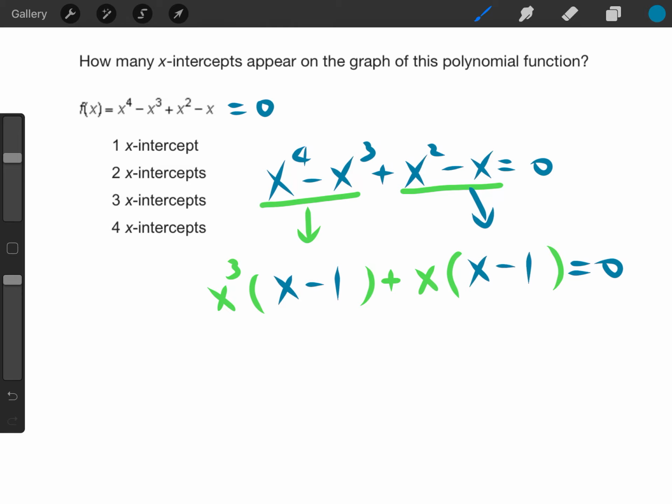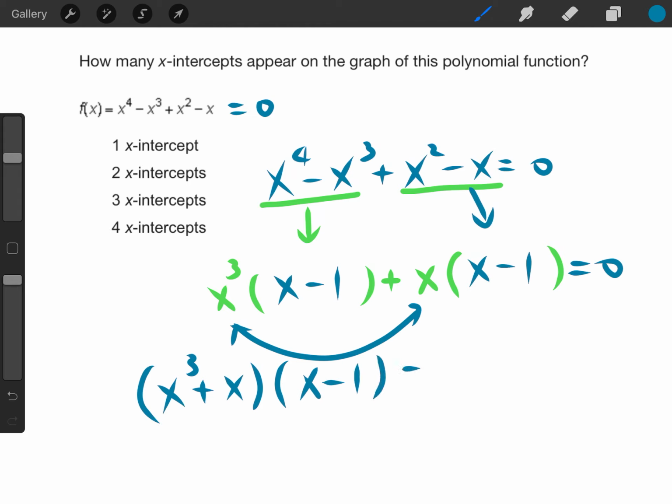So you can rearrange this. That will be x cubed plus x, multiplied by x minus 1, equals 0. By the zero property theorem, you have to set both expressions inside the parentheses equal to 0.